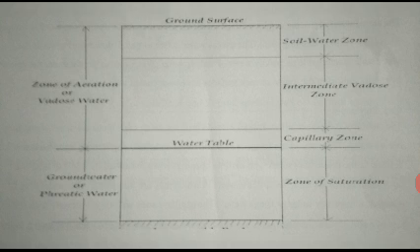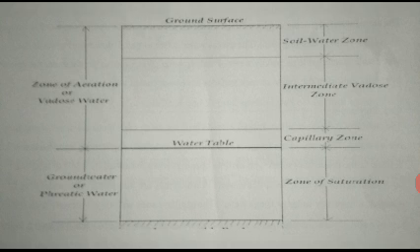Temporarily, the soil water zone may contain water in excess of capillary water from rainfall or irrigation. This gravitational water drains through the soil under the influence of gravity.